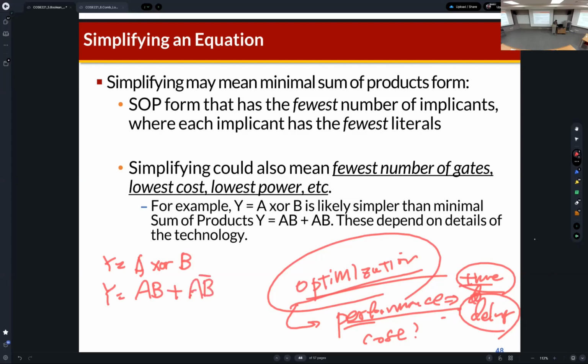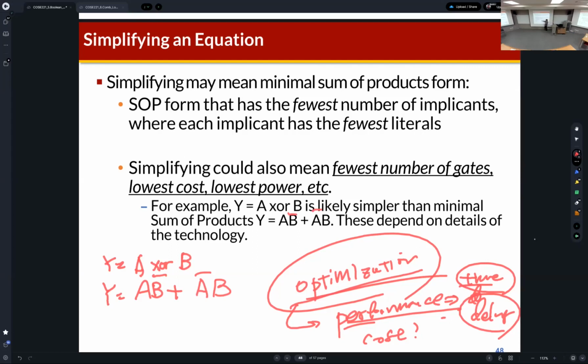Not this one. B, from bottom B, this to B. Okay. So what is equivalent?